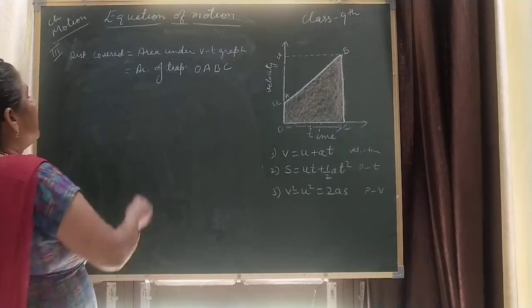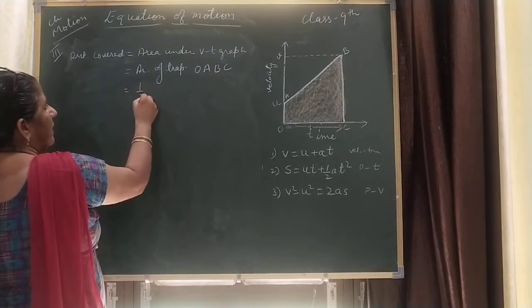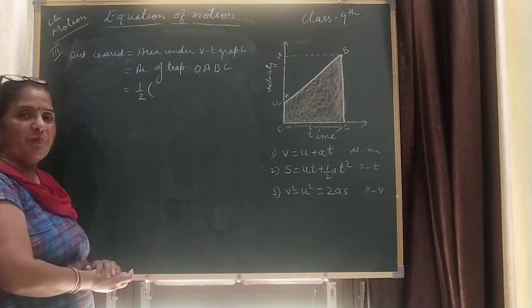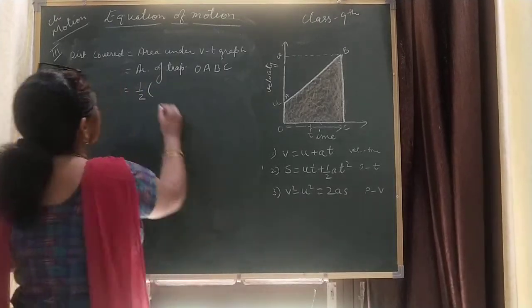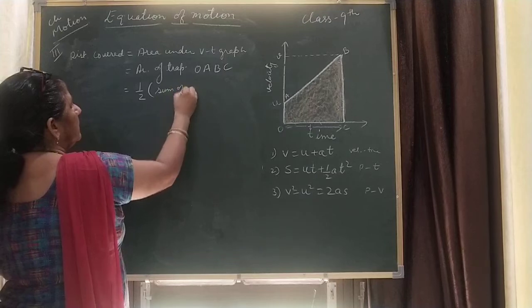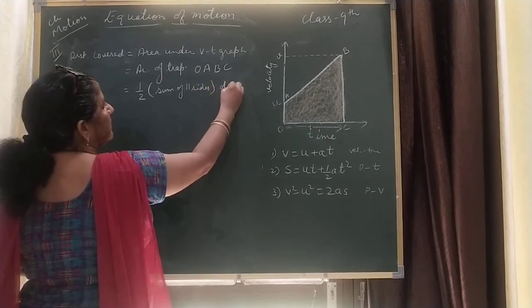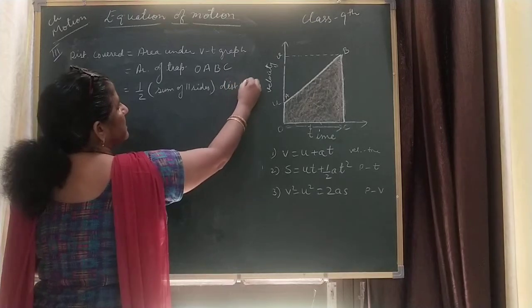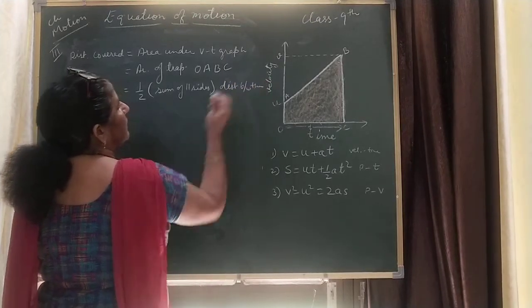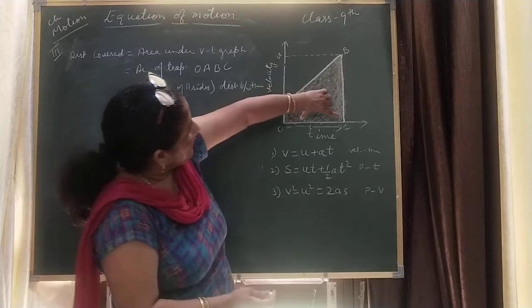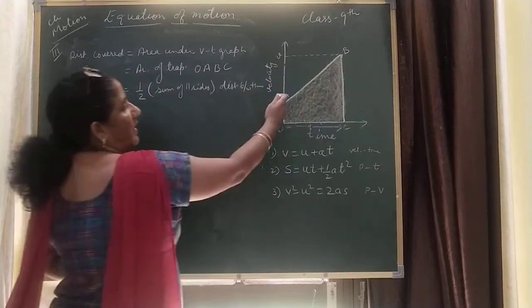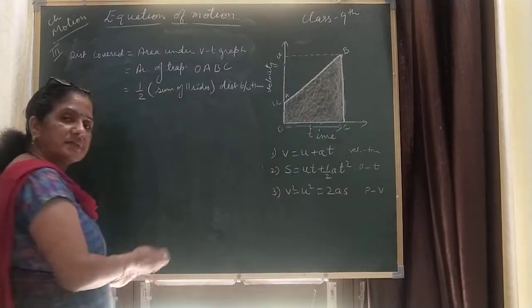And we know the area of trapezium is equal to half into the sum of parallel sides into the distance between them, or this height, meaning the distance between the two parallel sides.